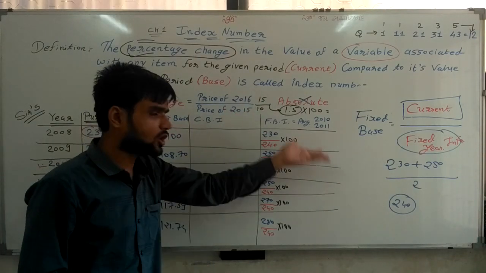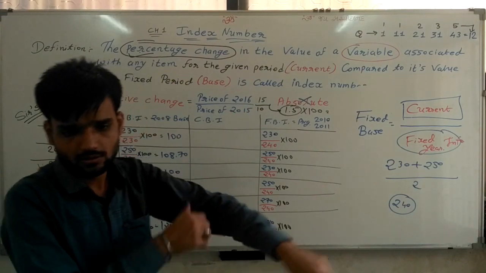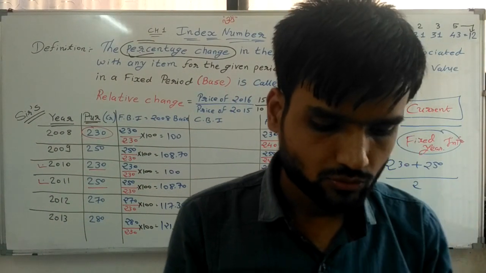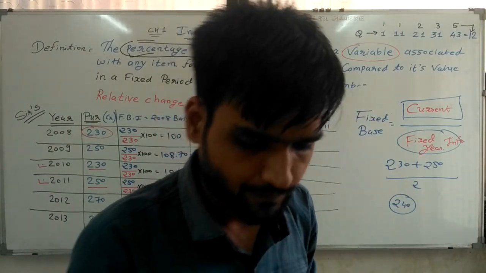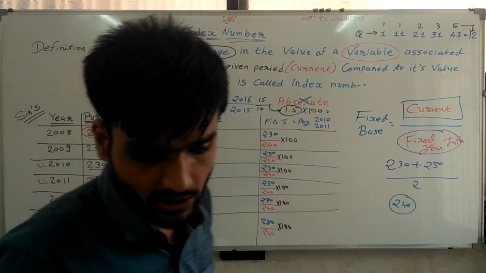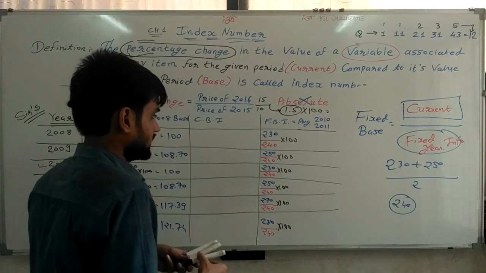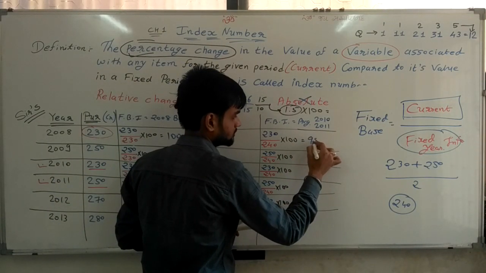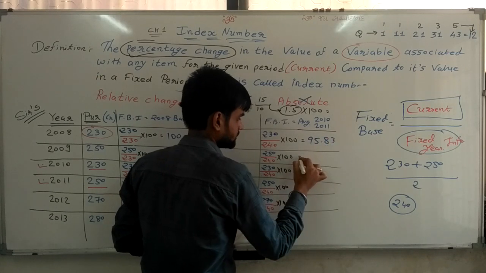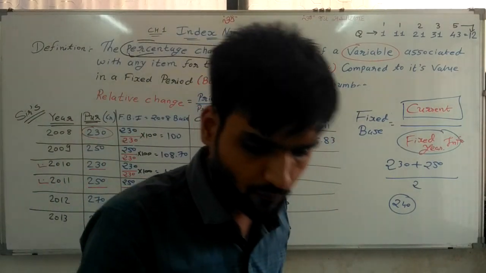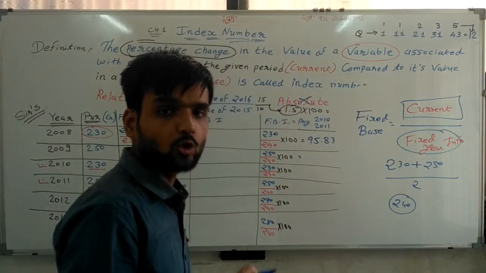Now finding values of this fixed base index number. First 230 divided by 240 into 100, 95.83. 250 upon 240 into 100, 104.70.